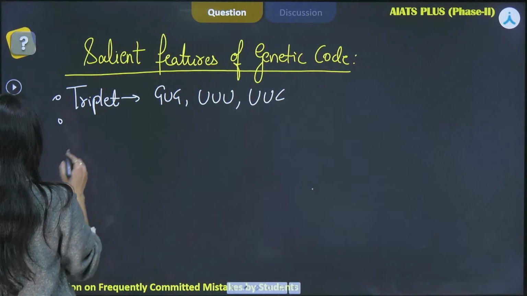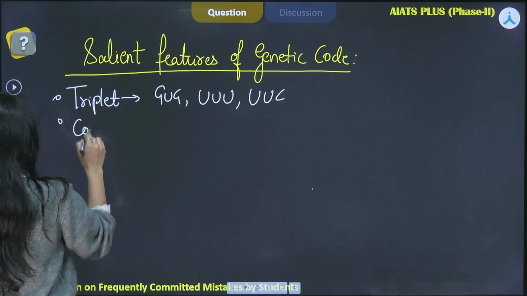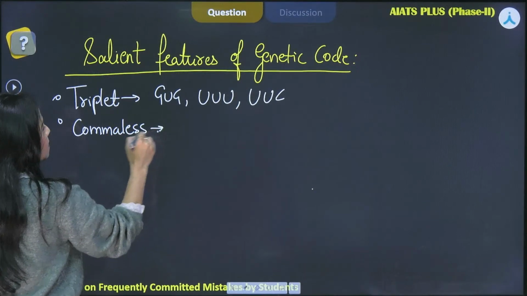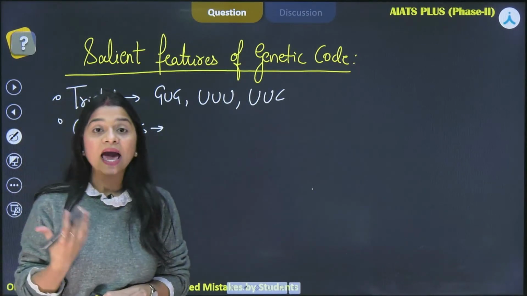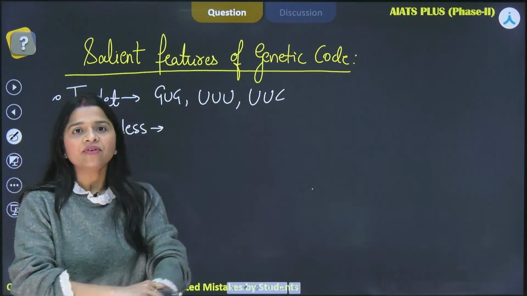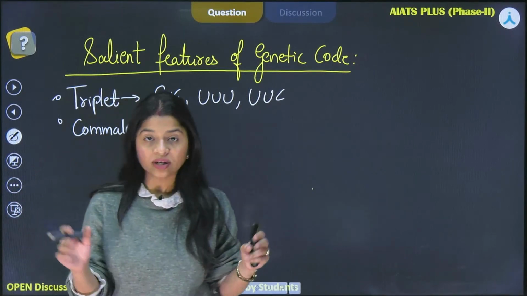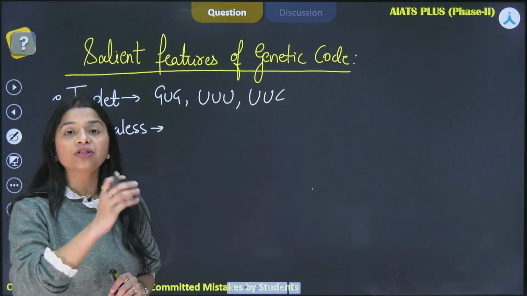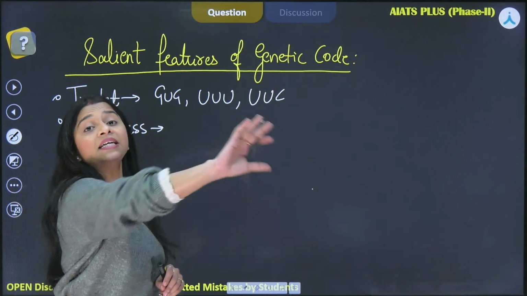Second one, the code is basically comma-less. What do we understand by comma-less characteristic? That means while we are writing a whole genetic code, it is not in the form of breaks. It is not in the form of fragments. Okay, it is written in a continuous manner.